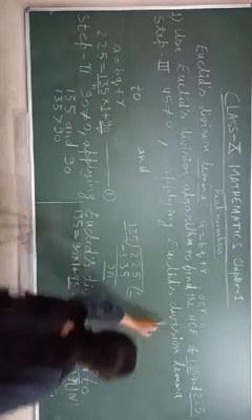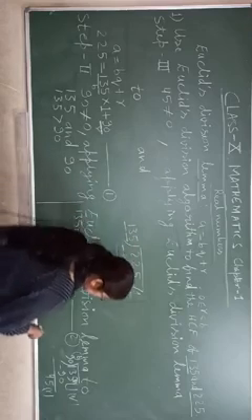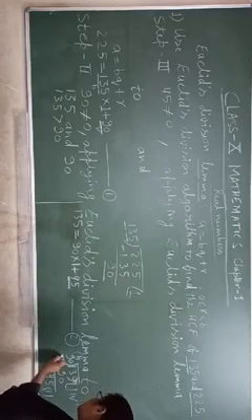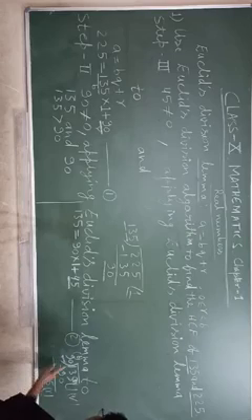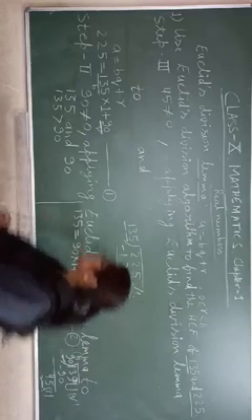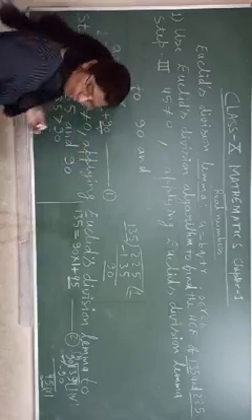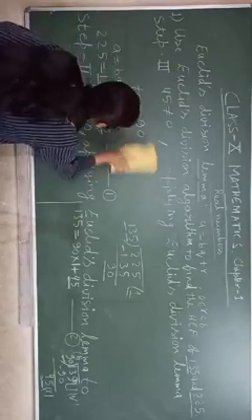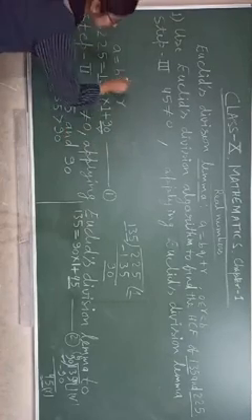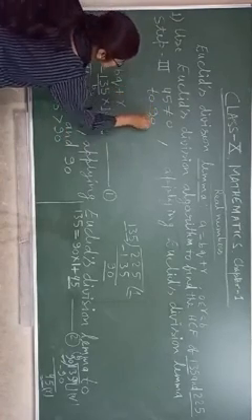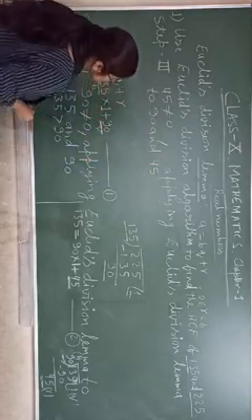Applying Euclid division lemma. For now look here. The divisor is 90 and the remainder is 45. So we have to choose these two numbers, 90 and 45. Euclid division lemma to 90 and 45.